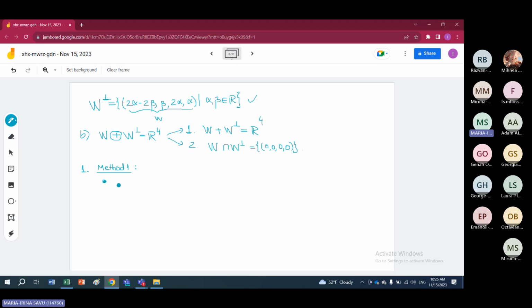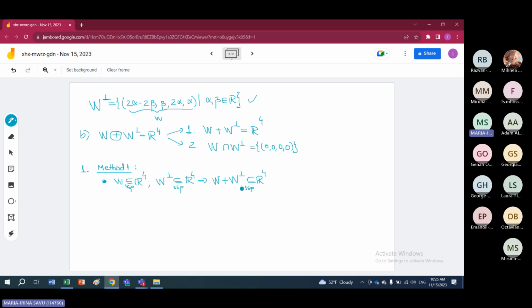The first inclusion is obvious because you know that W is a subspace of R4, so it's a subspace. Also, you know that W perpendicular is a subspace of R4, so you know that the sum is also a subspace of R to the fourth. This is a theorem or property actually that we have seen in the course.